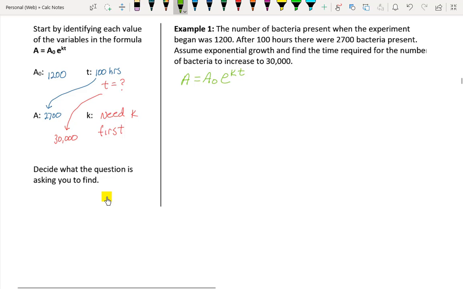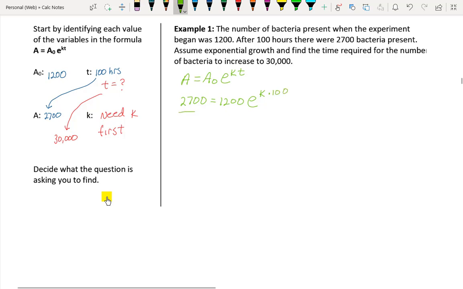So a, what I'm going to do is use all the stuff in the blue on the left side over here, because I have an a value, I have a t value, and I have an a sub 0 value. So I'm going to plug those in, and I'm going to do 2,700 equals a sub 0, which is 1,200, times e to the power of k, and my t value there is 100.